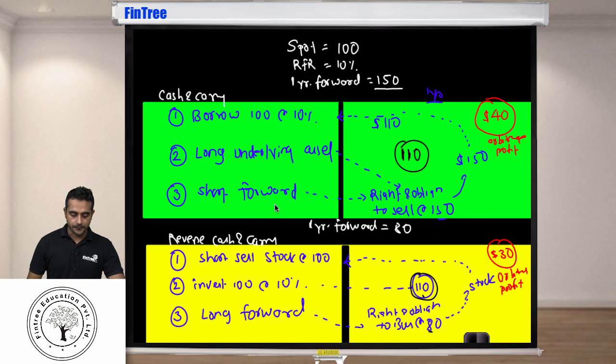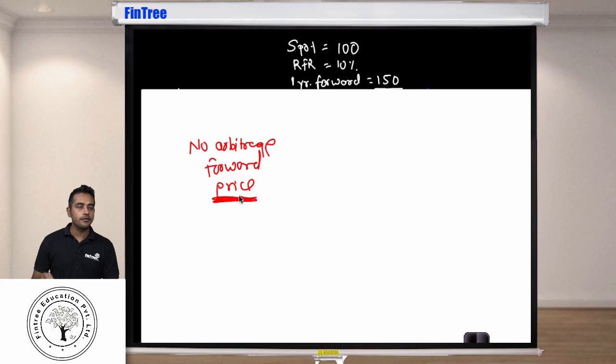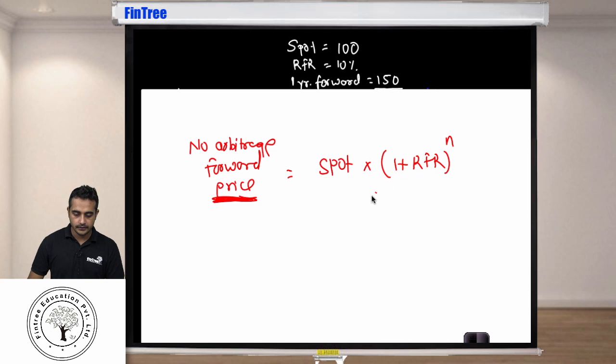Can I clear the screen? So this gives us the formula of the no arbitrage forward price. We are pricing the forward here, and the no arbitrage forward price is spot into (1 plus RFR) raised to n, or spot into e raised to r into t.